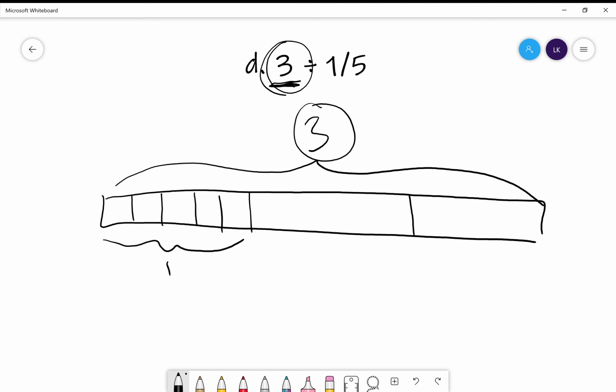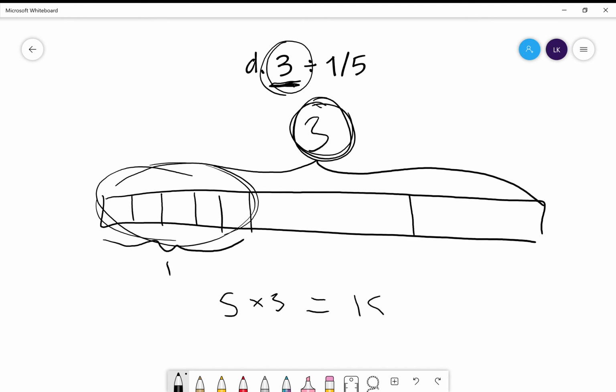So I'm going to take my 5 parts and times it by 3. 5 parts in 1 whole times 3 wholes total gives me a total of 15. 3 divided by 1/5 is 15.